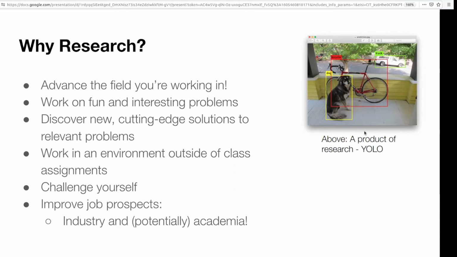But the origin of this algorithm was from some lab at the University of Washington, where some guy had this fast way to detect objects, and he coded up some model, and it worked, and the results were really good. So in that sense, I would say research and industry really come hand in hand. Originally, when I was a freshman, I thought that research and industry just hated each other. But when I did an internship this past summer, I learned that researchers really have to work with folks in industry.